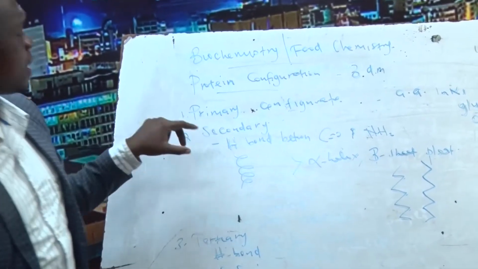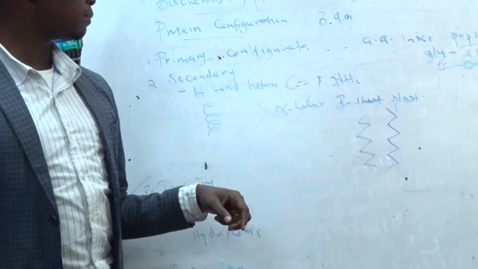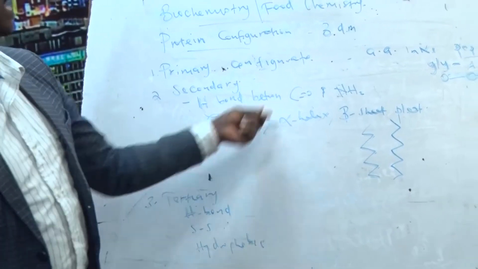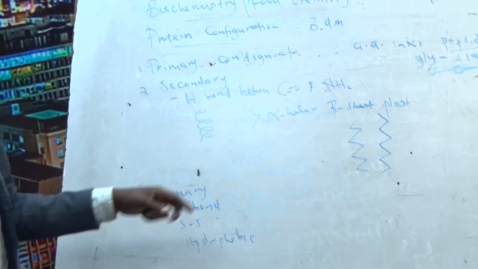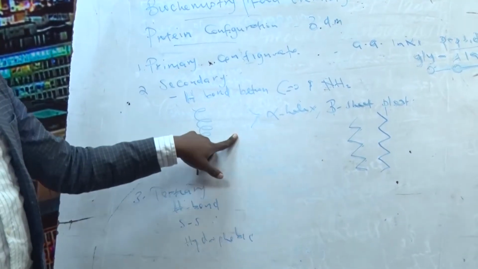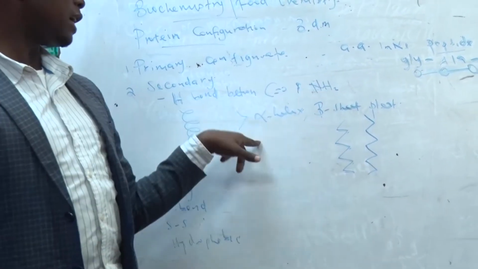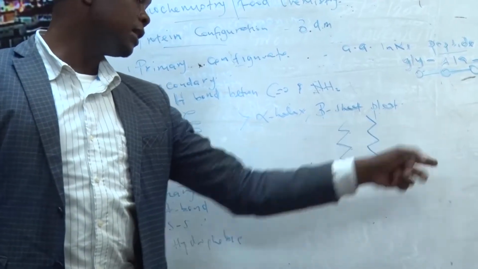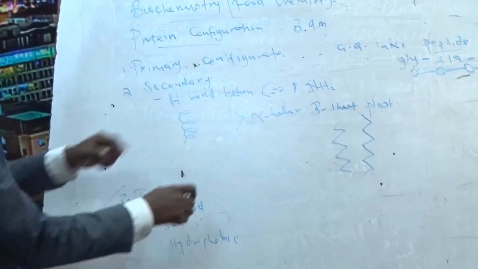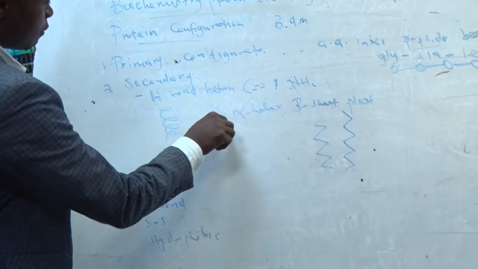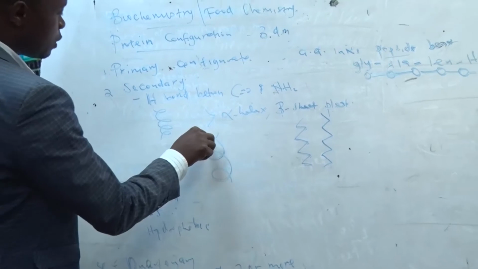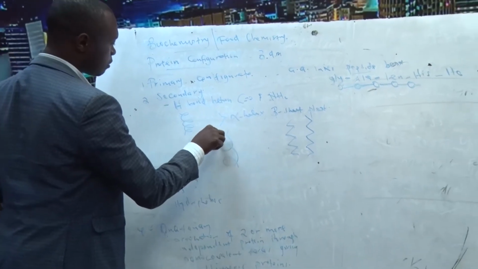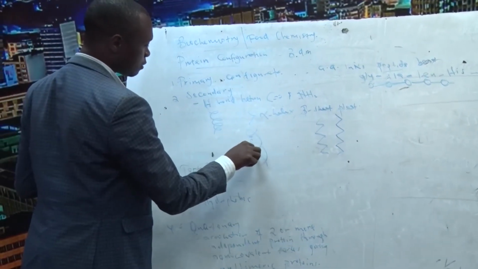Here we have hydrogen bonds between the carbonyl and the amide group linking to form either the alpha helix or the beta sheet. What I'm saying is this: we have the alpha helix, and in between we can have hydrogen bonds.